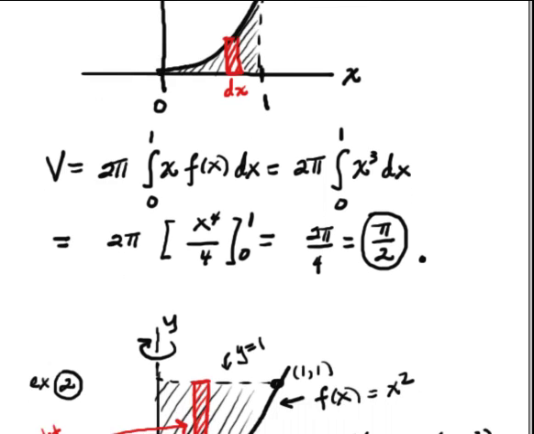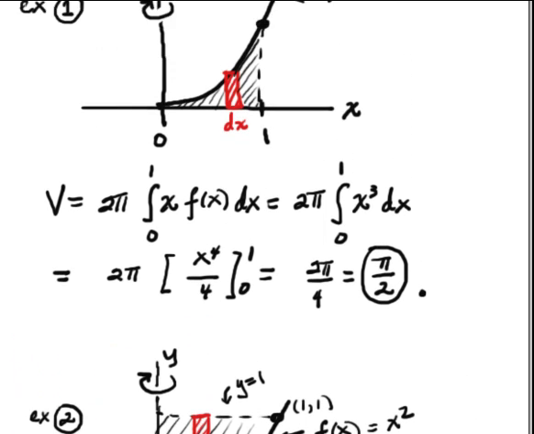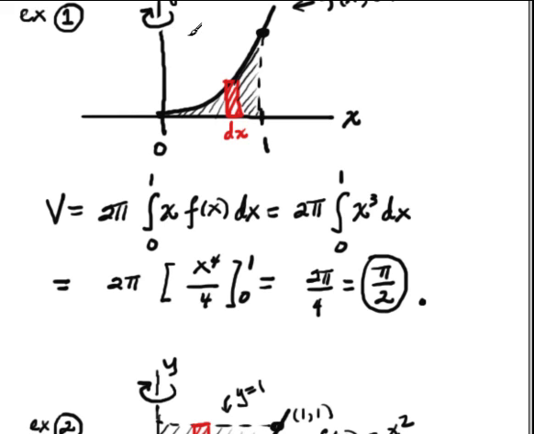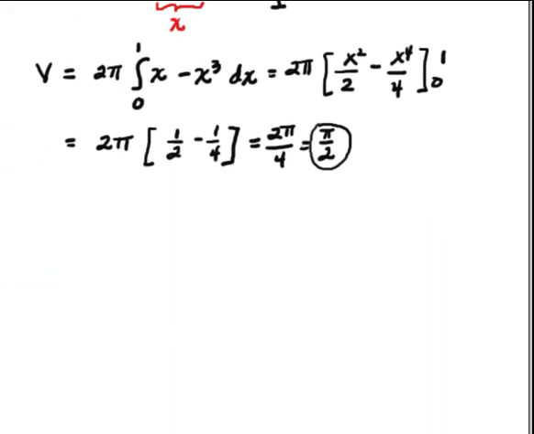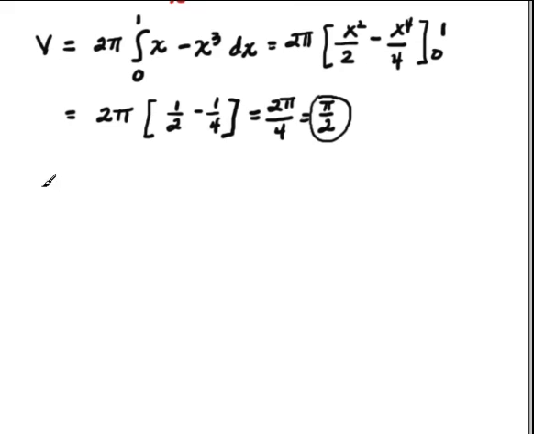If we add up these two volumes, we should get the volume of this square rotated about the y-axis. So let's look at that for a second. If we add up the volume from example 1 plus the volume from example 2, it's pi over 2 plus pi over 2.